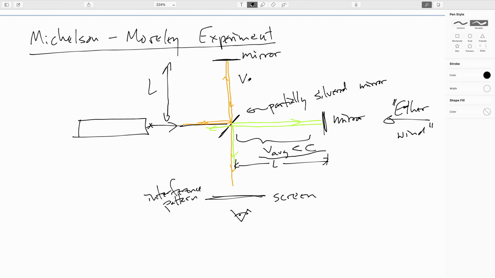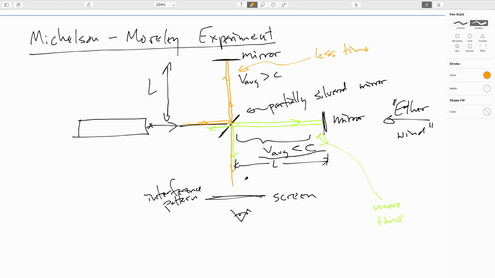So the average speed here would be greater than the speed of light. So this round trip of light over here should take more time if there is a special observer, and over here it should take less time.